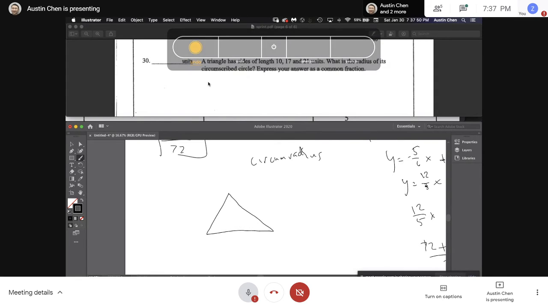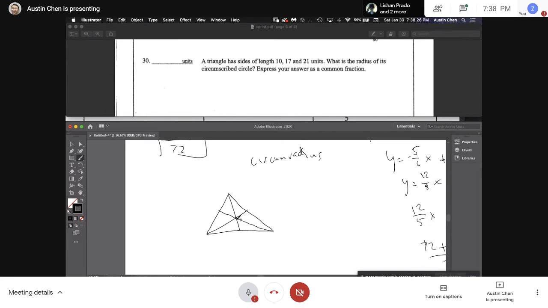Okay, and then you also have perpendicular bisectors. You also have medians, which you extend from each vertex to the midpoint of the opposite side, and these cross at one point, and the ratio of the vertex-to-point length is always 2:1 to the rest of the line segment length.